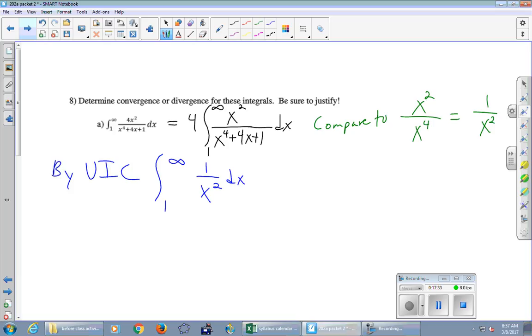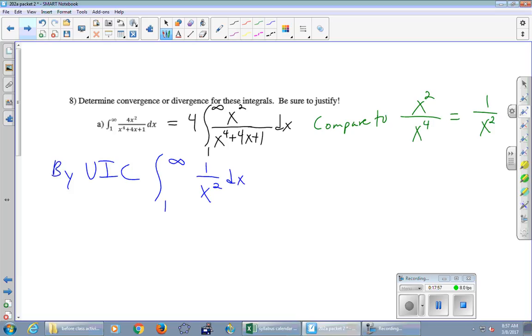Or first of all, which bullet is this? The first, the second, or third? Take a look on the previous page. Is this the first, second, or third bullet? That's the first one. 1 to infinity, that's the first one. 1 over x to the p. How much is p? It is 2, which is greater than 1.